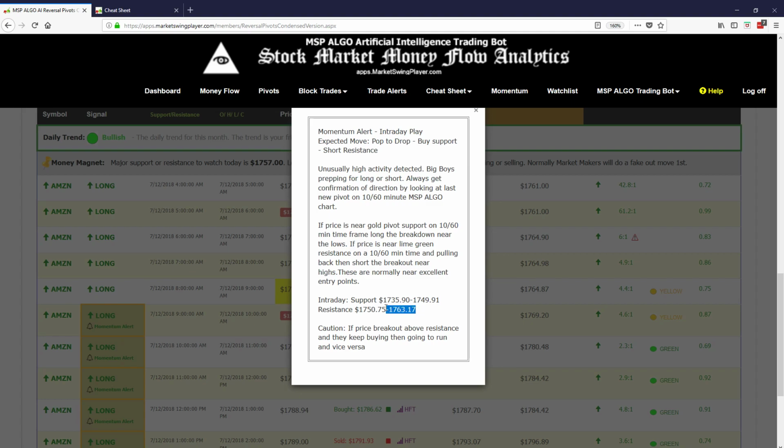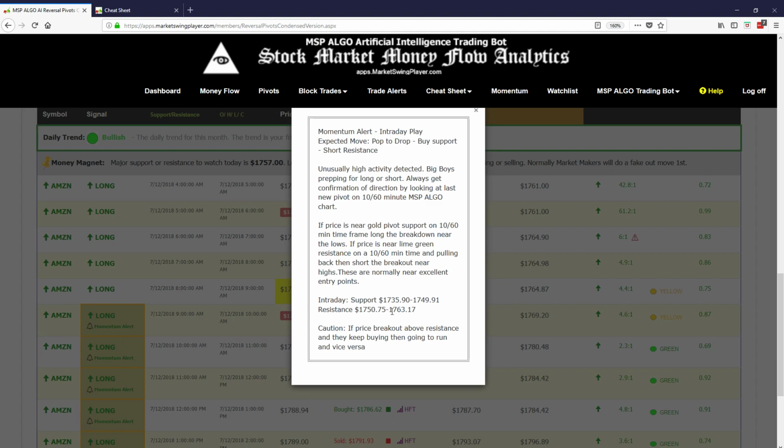Or I could just look at price action here and see what it says for the momentum alerts. It says that support is 1735 to 1750, and resistance is 1750 to 1763.